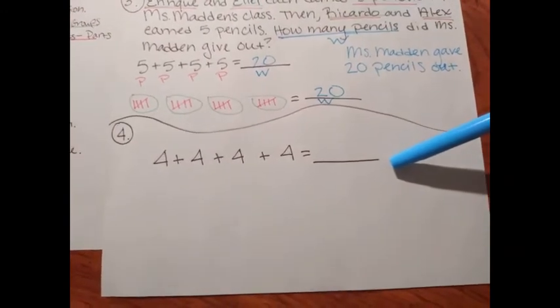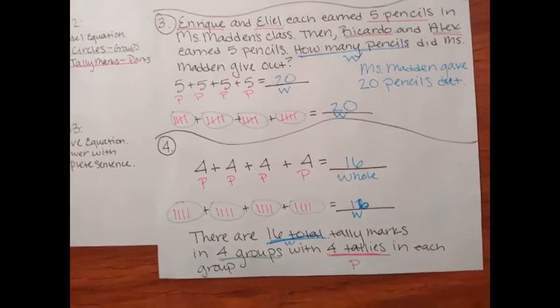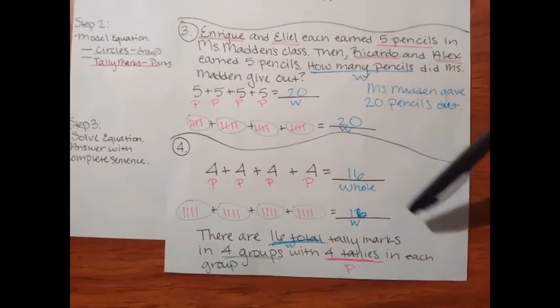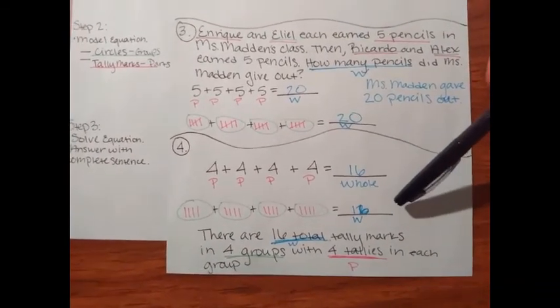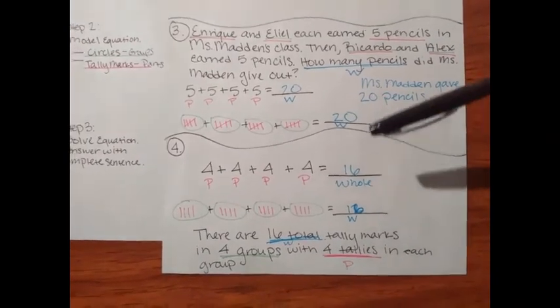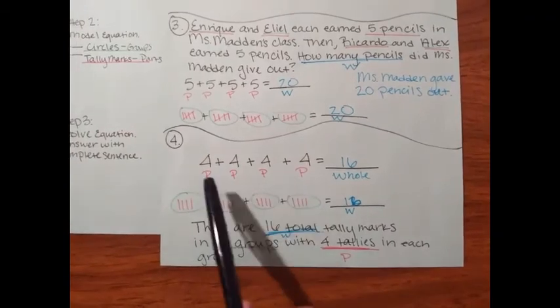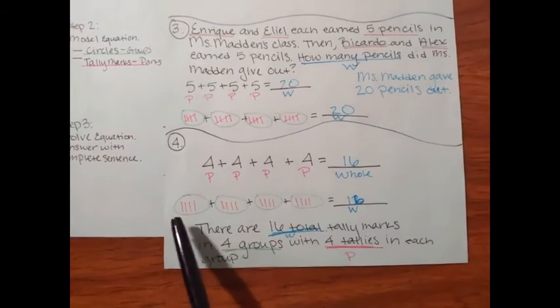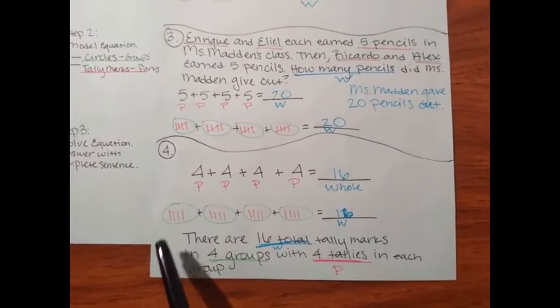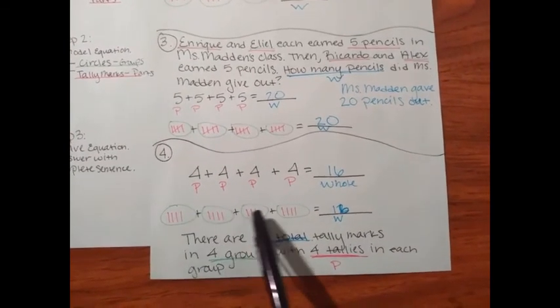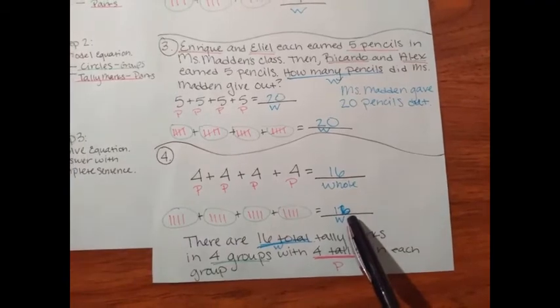Pause the video here. So for number 4, we should have gotten 16 as our whole number. We know that the answer is 16 because we have 4 groups of 4 parts, and we have counted up each of our tally marks from our parts, added them all together to get 16.